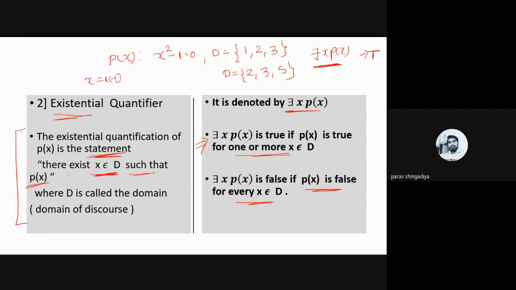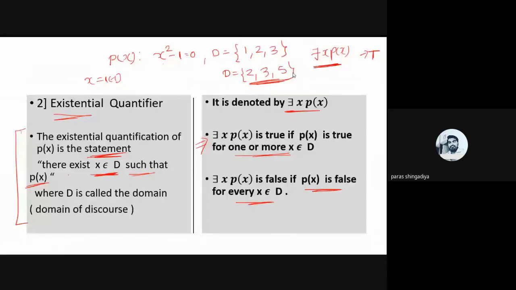For x equal to 3, P of 3 becomes 9 minus 1, which is not equal to 0, so that is also false. For x equal to 5, P of 5 becomes 5 square minus 1, which is 25 minus 1, and that is also false. So for each and every value of the domain, P of x becomes false.